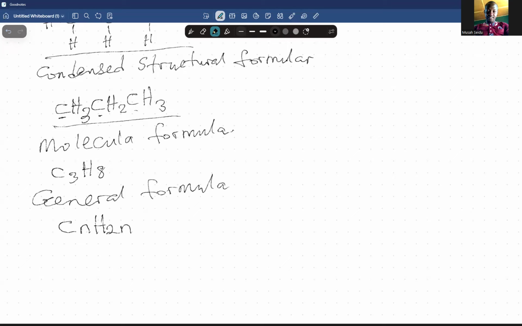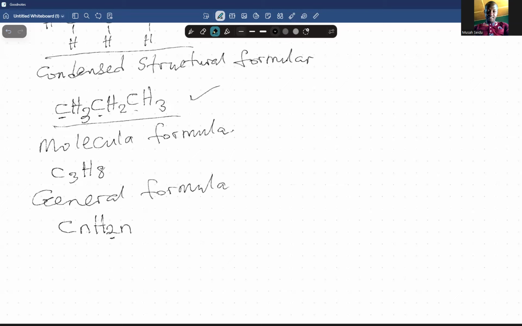If I take the condensed structural formula here, I can see I have 3 carbons. Now, if I multiply 3 by 2, I'm going to have 6. Then I need to ask myself, do I have 6 hydrogens?